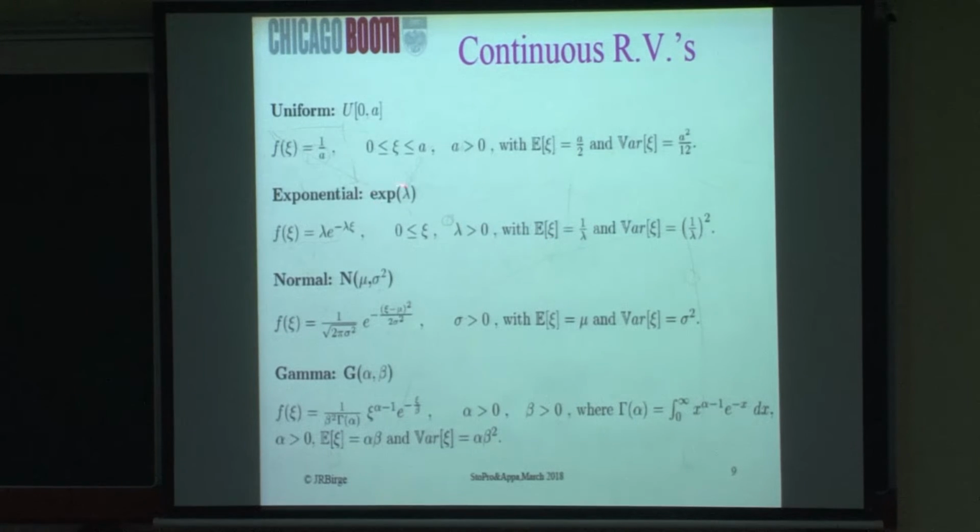And now, of course, the exponential also has the property that it's memory-less, meaning if you say C is greater than or equal to some value a, so if I condition on it being greater than a, and a is anything greater than 0, the expectation conditional on C being greater than a is still 1 over lambda.